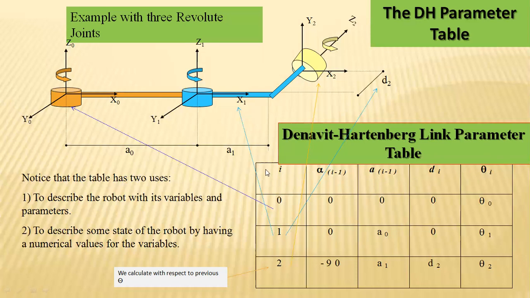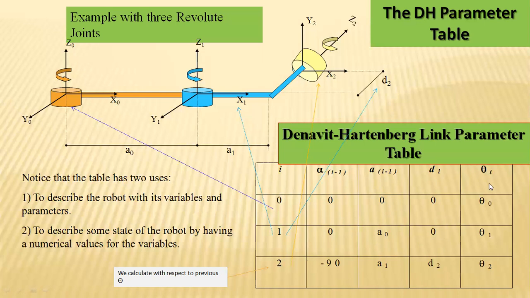Representations in the sense of each and every link: first is i, how many links or how many joints are existing, and second is alpha of i minus 1, which specifies whether there is any orientation in that particular joint, related to each type of joint. Next, a is the distance between one joint and another joint. d is the shifting distance at each link.